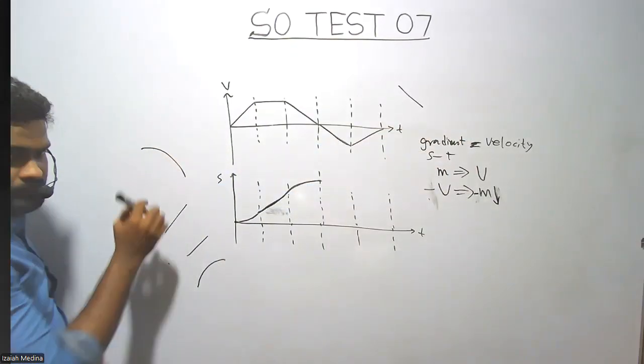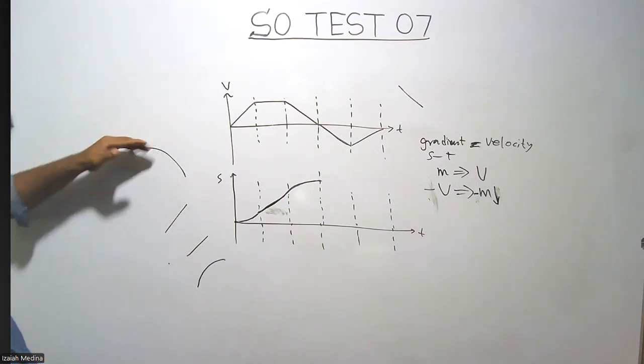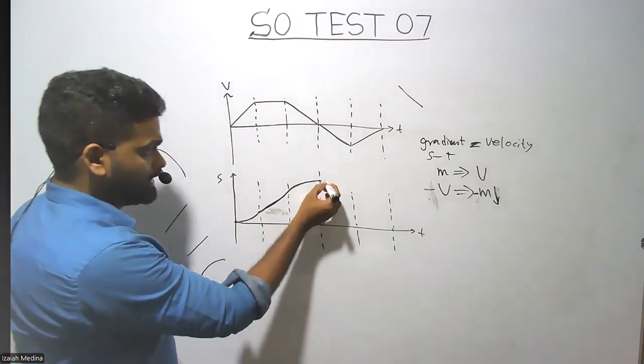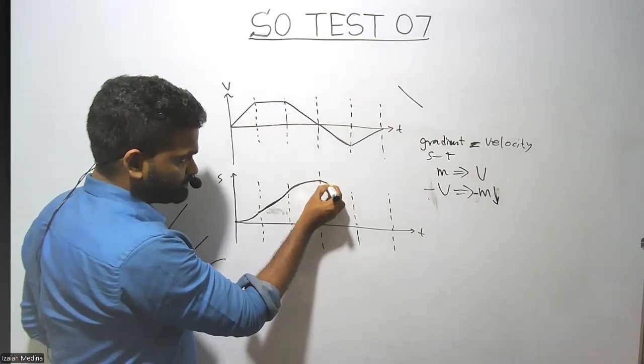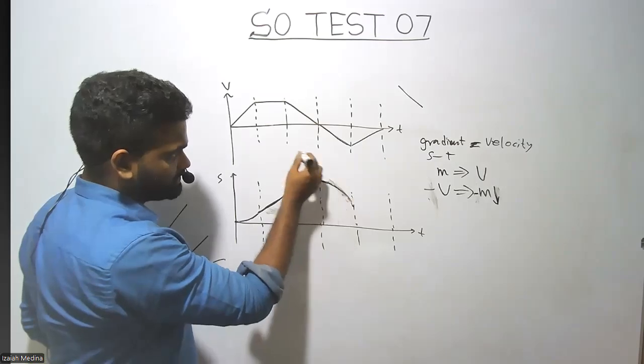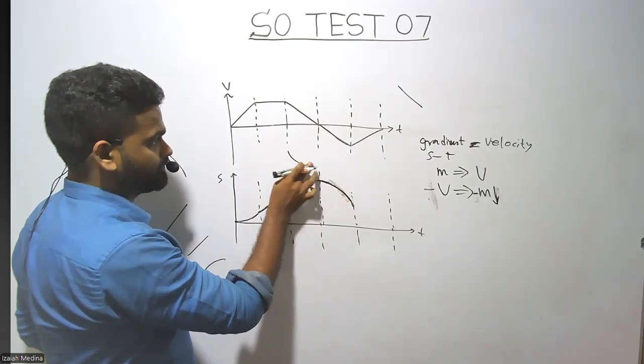As you go along here, increasing, right? Slope, not the value. Slope is increasing. Negative and increasing. So it should be like this. If it is decreasing, it should be like this, right? Like this. But it is increasing now, like this.